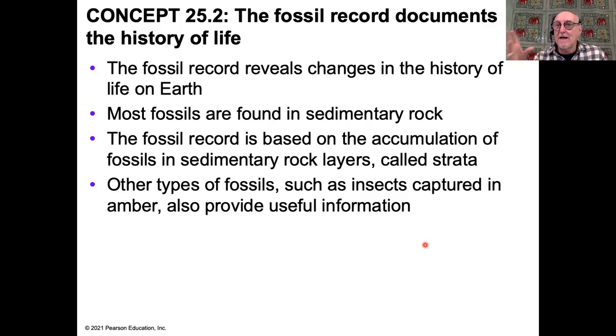There are some other kinds of fossils, which I'll show you a picture of in a minute. But the fossils laid down in sedimentary rock are particularly useful because of the timeline that they give us. And as you'll see in a minute, in many cases, we can actually date different strata.